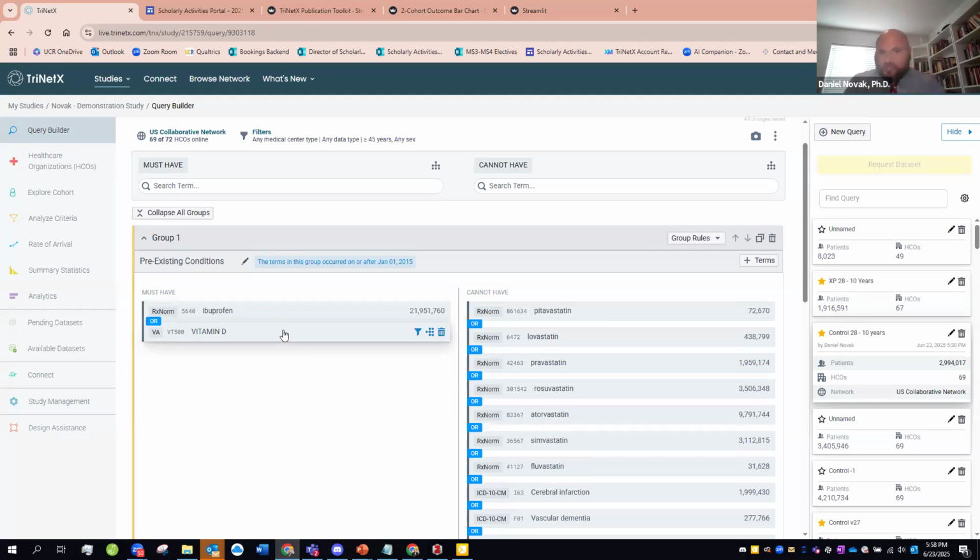So in this case, for my control group, because they are defined by not having statins, I need to have some sort of positive feature for them. And in this case, I used ever having been, for any reason, prescribed an ibuprofen or a vitamin D. And the reason is, generally, most people aren't prescribed ibuprofen for extended periods because it can be physiologically quite bad.